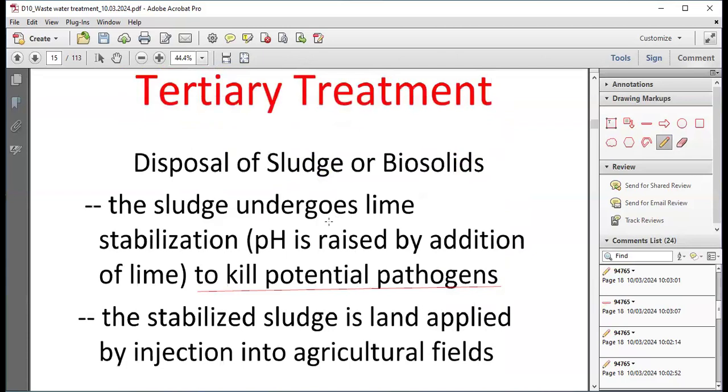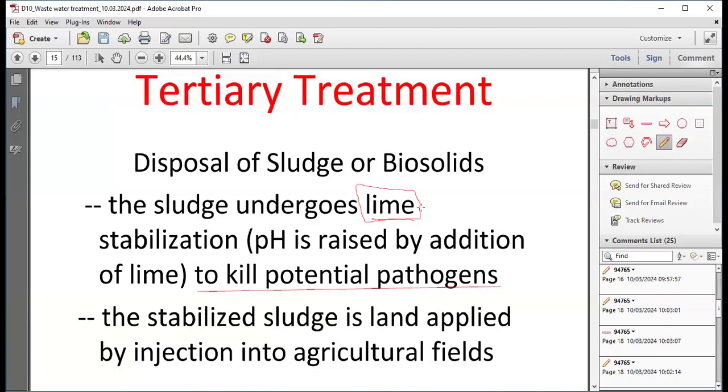Tertiary treatment, I may ask the question, what's the meaning of tertiary treatment? So you can simply say disposal of sludge or biosolids. The sludge undergoes lime treatment. What's lime? Already seen in this one. It is a natural thing, and the main component of cement manufacturing.